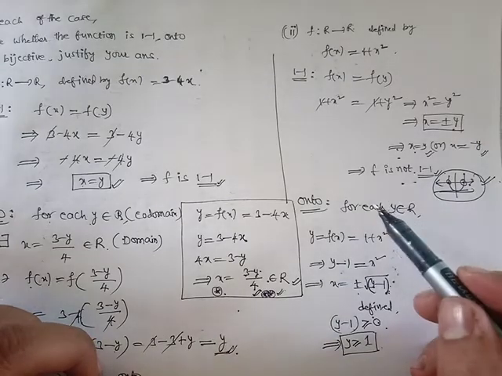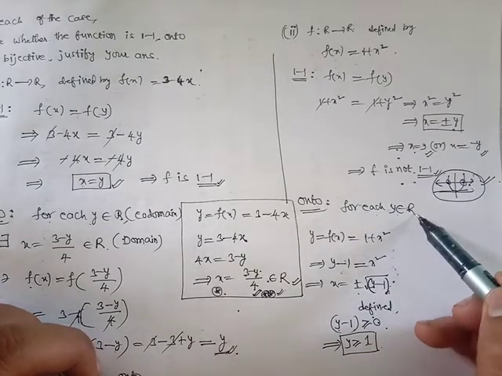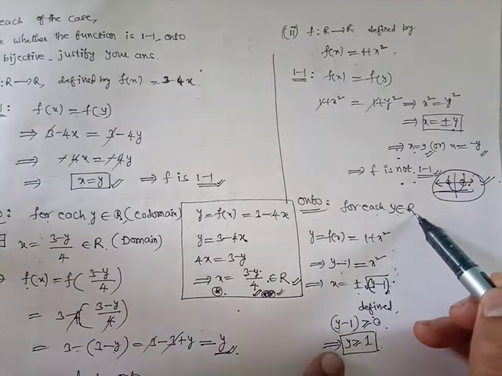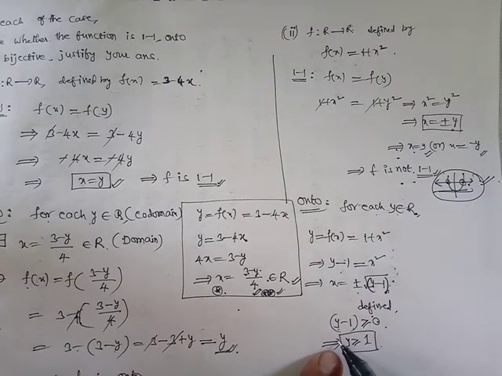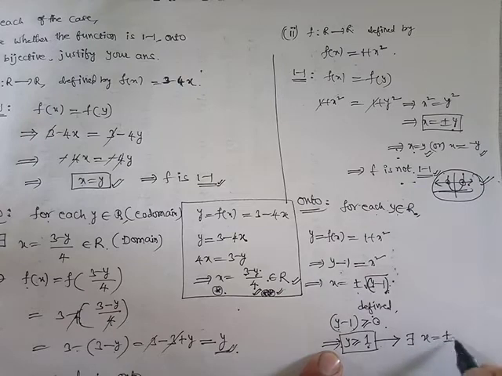But we are talking about each y belongs to R, and it is valid only for the case y ≥ 1. For y ≥ 1 you will get the x value, x = plus or minus the square root of y - 1.